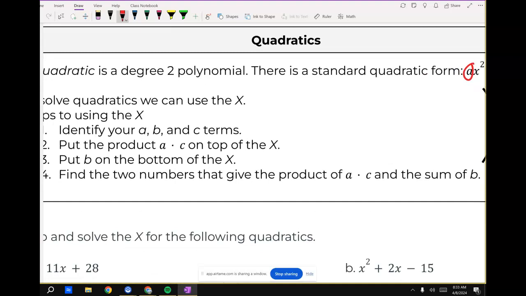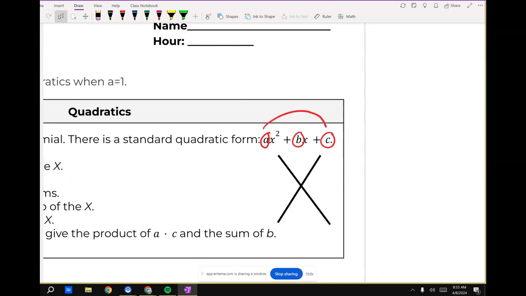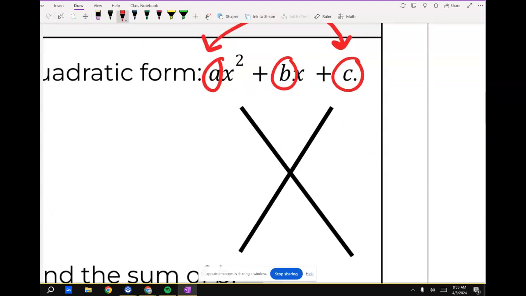We take the a number times the c number, and we put the product in the top of our x. So a times c will be up here.